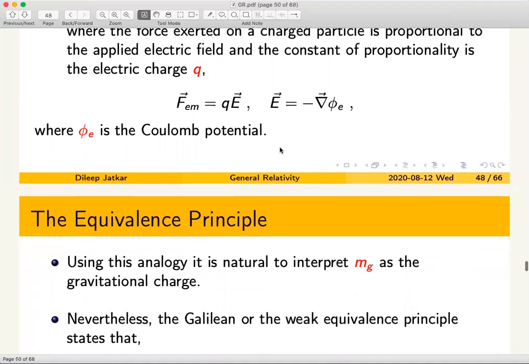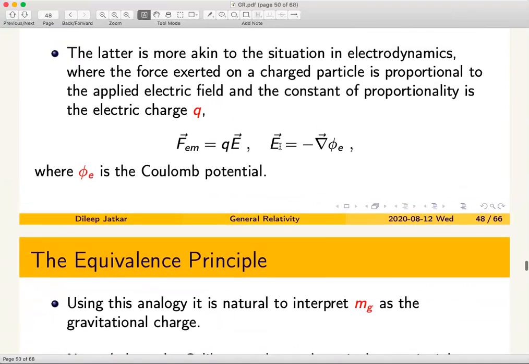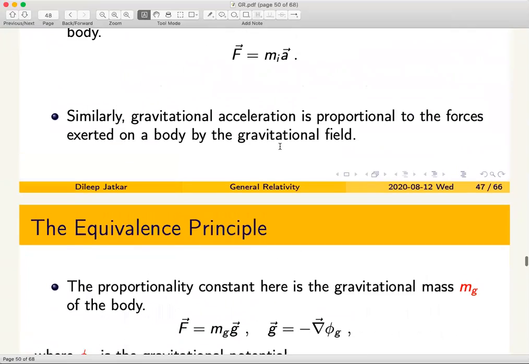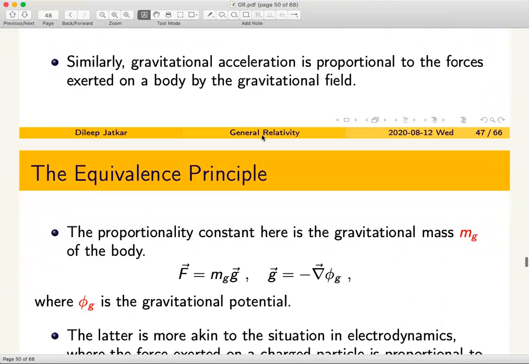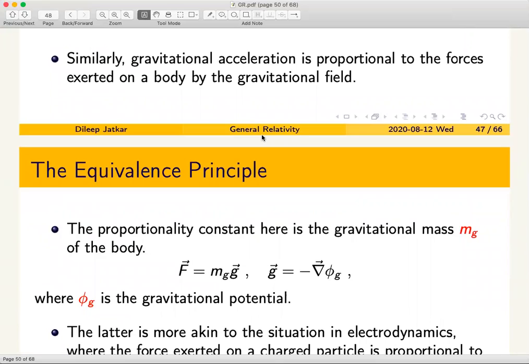So in some sense, these two phenomena, one corresponding to Newtonian mechanics, which involves acceleration generated due to force, has no connection with the problem of gravity, which is a gravitational acceleration generated by a gravitational field.